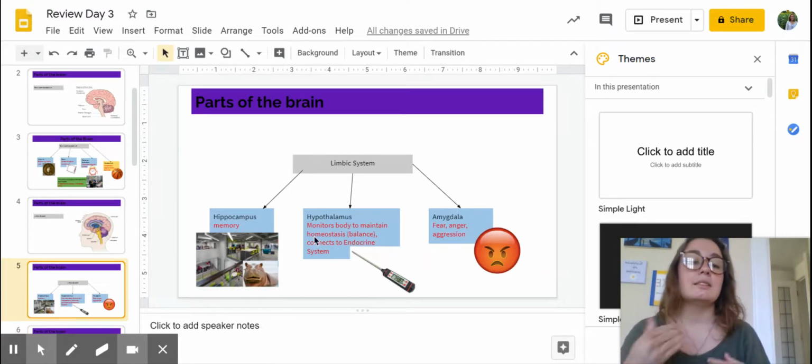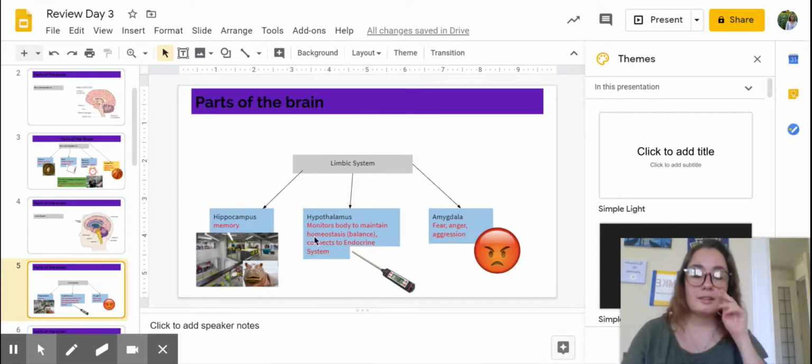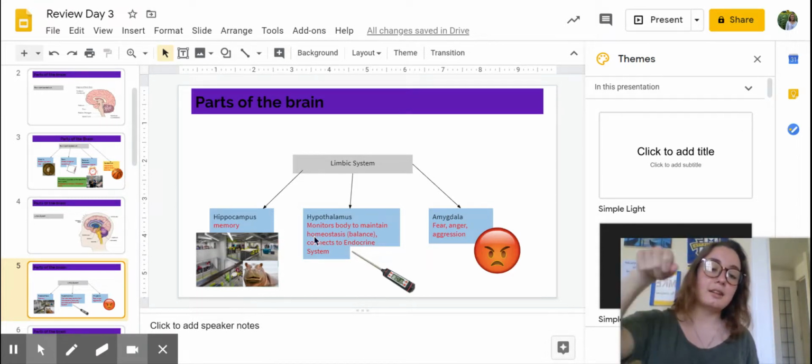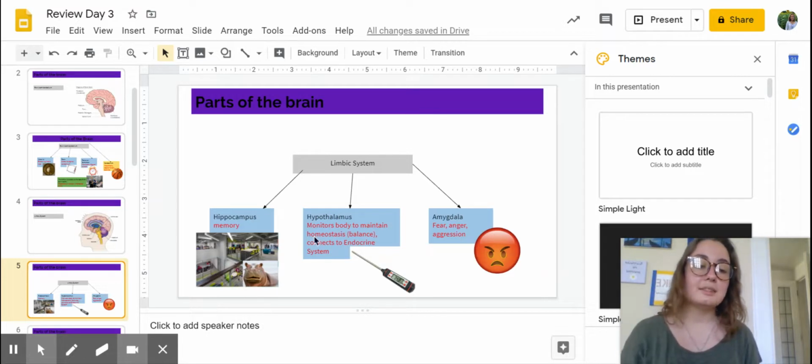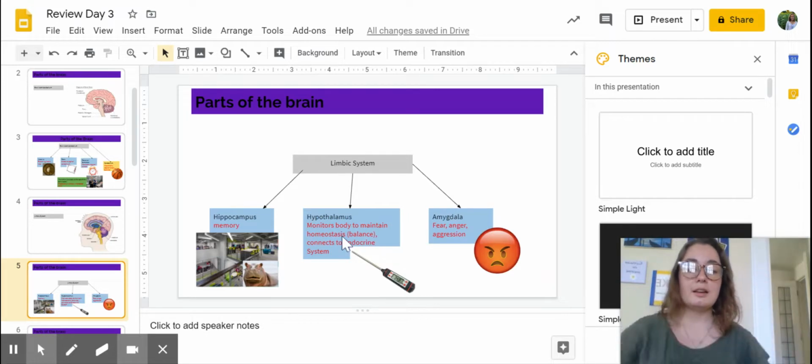And it's connected to this so it can tell the endocrine system to, hey, produce some hormones because we need to maintain balance. So I said at Culver's, I took temps with my little thermometer, and I had to make sure all the soups, all the custard, whatever, was at the correct temperature. And if it wasn't, I had to mark, say I adjusted it, turned it hotter, or turned it colder. And that's exactly what the hypothalamus does.